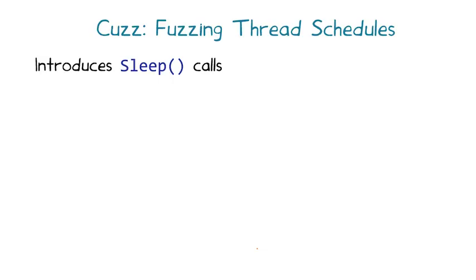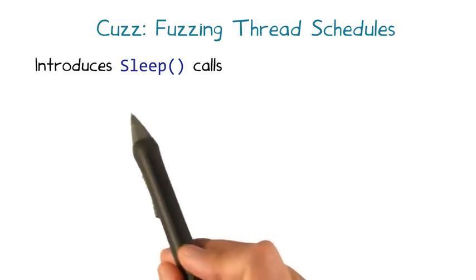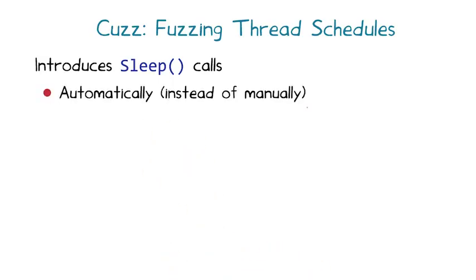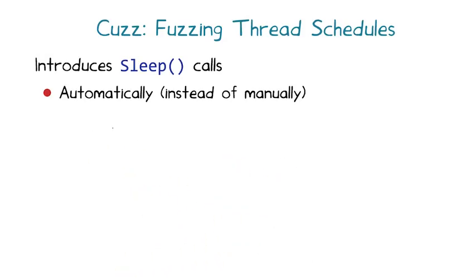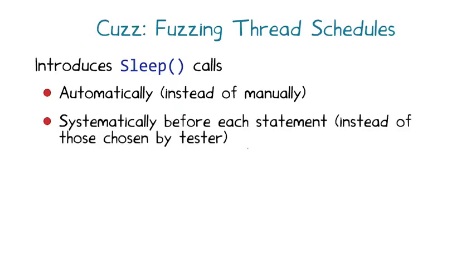In a realistic program, there is a large number of possible places at which to introduce sleep calls. Using Cuzz, the calls to sleep are introduced automatically instead of manually by a human tester. And they are introduced systematically before each statement in the program, instead of only those chosen by a human tester. The resulting process is therefore less tedious and less prone to mistakes.